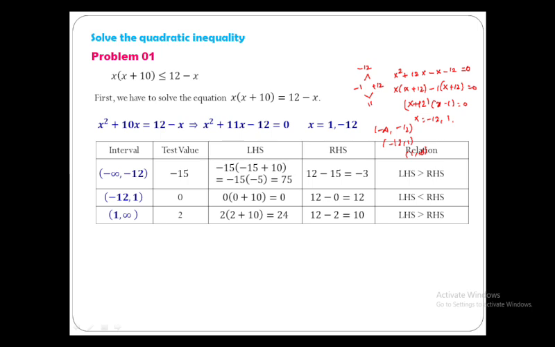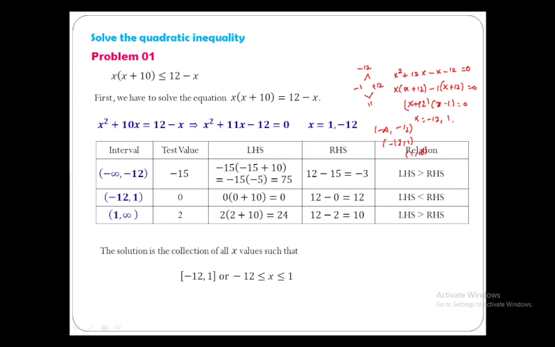And here in the inequality the equal sign is present, so the solution set consists of minus 12 closed interval comma 1 closed interval. So the border values are also included in the interval minus 12 comma 1.